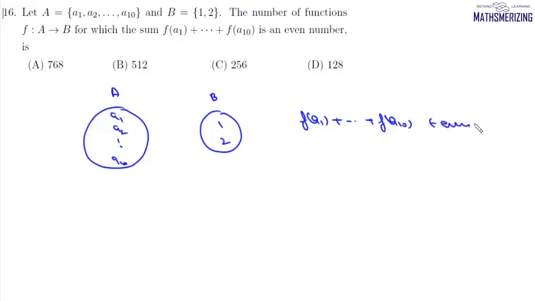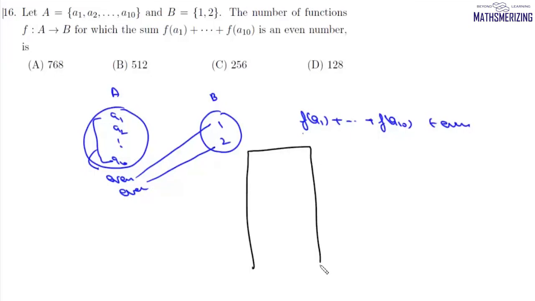Now this sum will be an even number when we have an even number of elements mapped to 1 and the remaining even number of elements mapped to 2. Now what are the possibilities? Now what we'll do is, we'll make a table of all such possibilities.